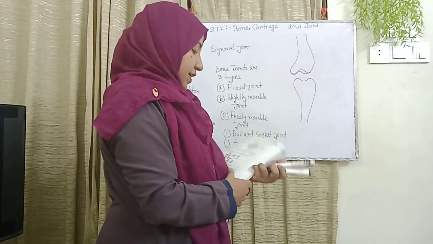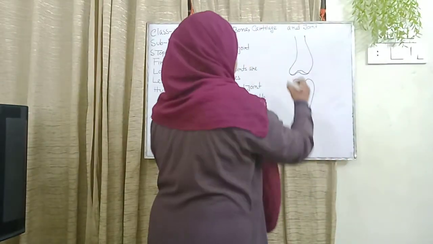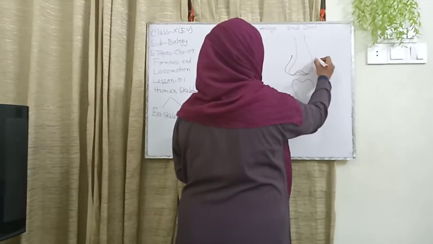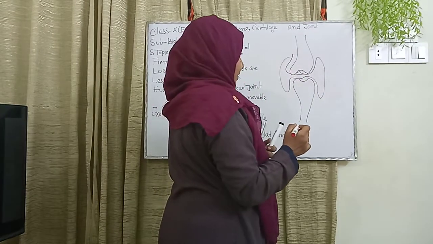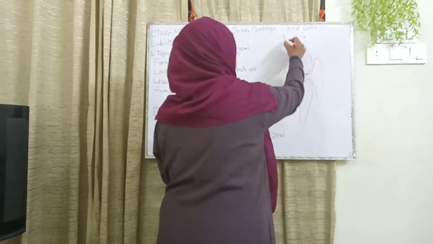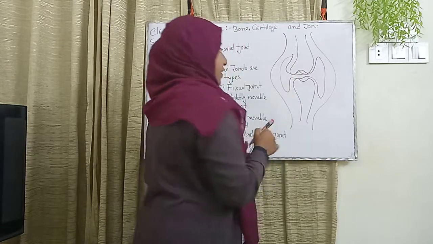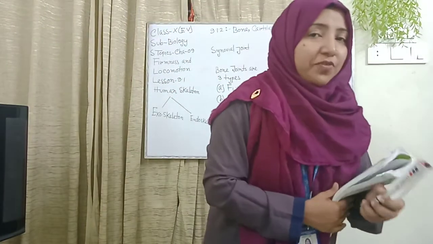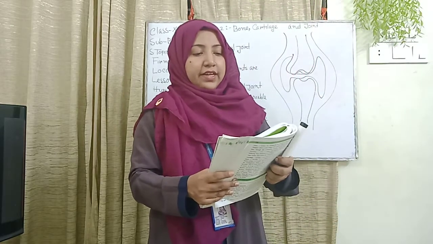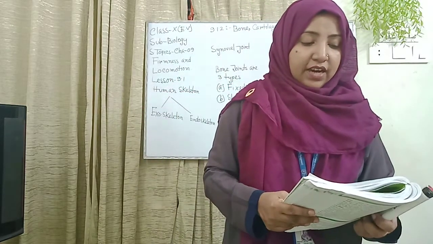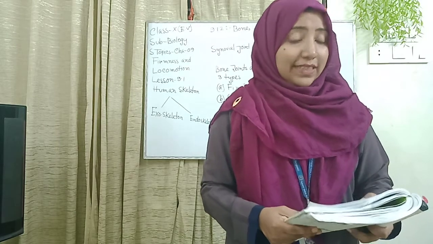This structure is the synovial cavity. And the last structure that connects them is the ligament. Here are the synovial fluid and a covering capsule, which is a tough fibrous tissue or ligaments that firmly hold the joint.